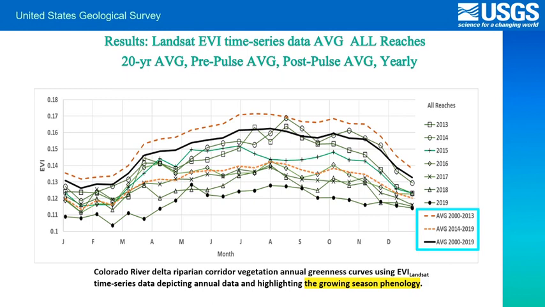Here we show year upon year with some changes pre-pulse in this upper orange dotted line, and black is the mean of 20 years, and this tinier orange dashed line is for after the pulse flow. And so we see that before the pulse flow, our data was quite high and riparian health was good.